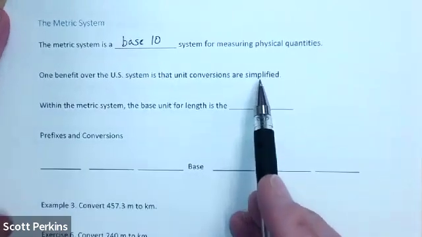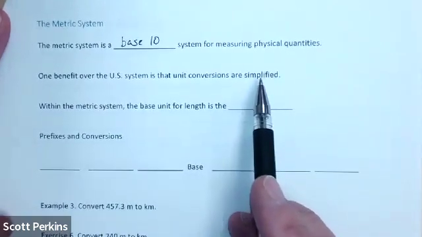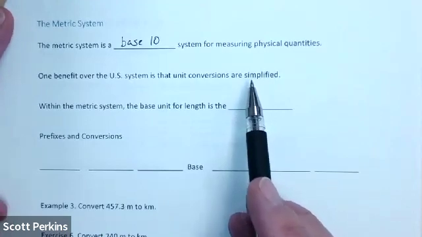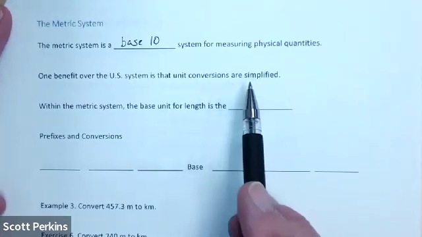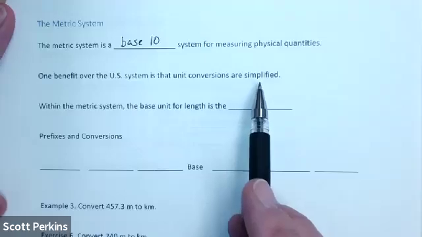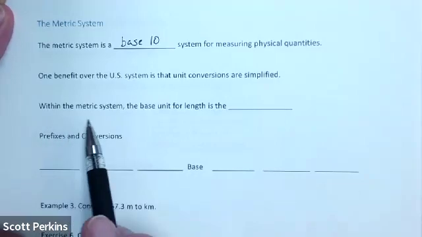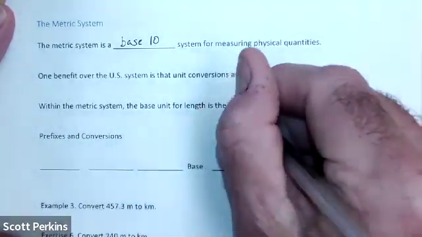If you grew up somewhere with the metric system, you probably won't have to do the things that we're going to do with the prefixes, but I'm showing you what to do as you're learning how to use the metric system. Within the metric system, the base unit for length is called the meter.